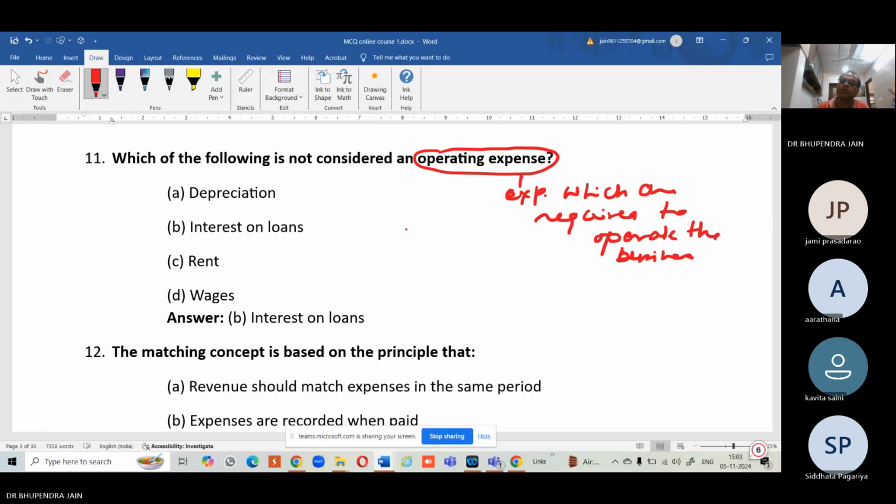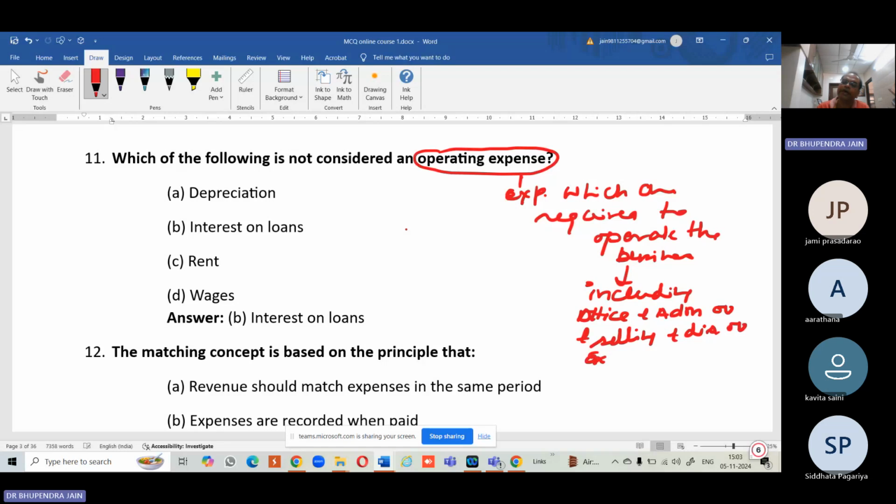This is called operating expenses, including office and administration overhead and selling and distribution overhead, except financial charges like interest.